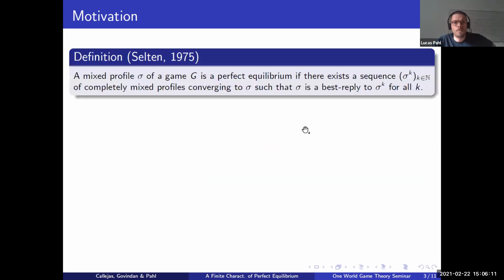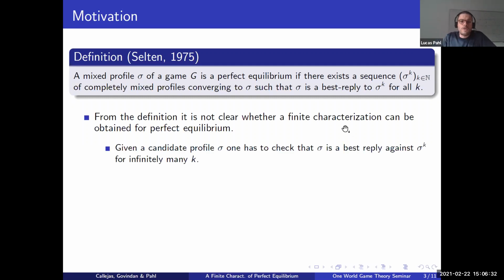Let's recall the definition of perfect equilibrium. A mixed profile sigma of a game G is a perfect equilibrium if there exists a sequence of completely mixed strategy profiles converging to sigma, such that sigma is a best reply against each one of the elements of the sequence.